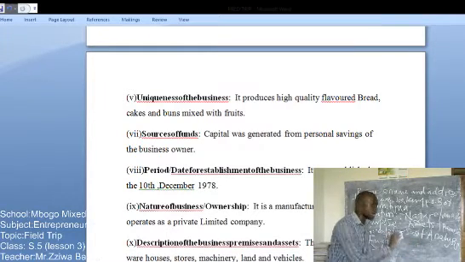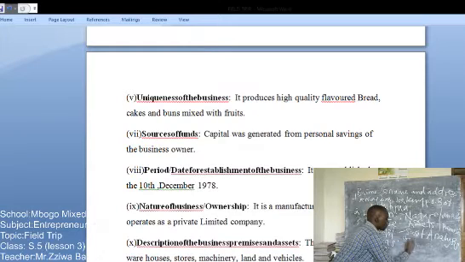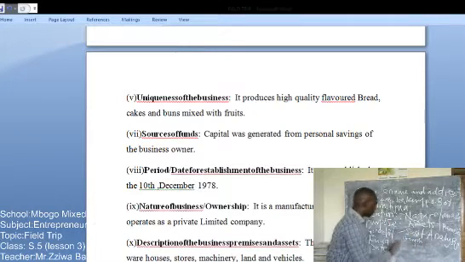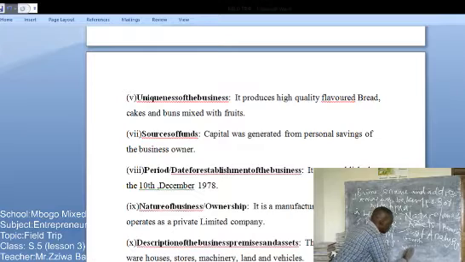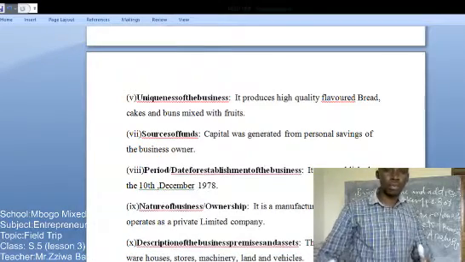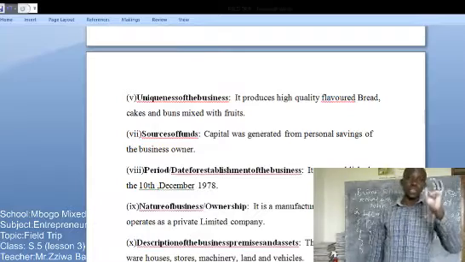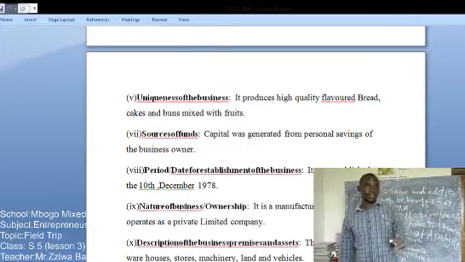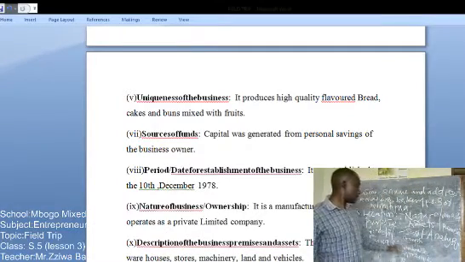You have to talk about strengths, weaknesses, opportunities, and finally threats. SWOT is very broad. Talks about the strengths, weaknesses, opportunities, and threats.